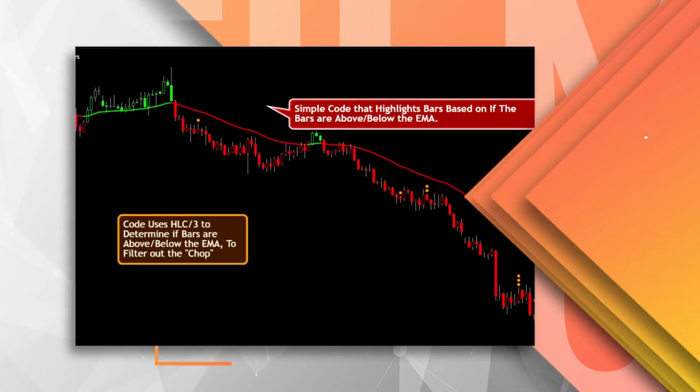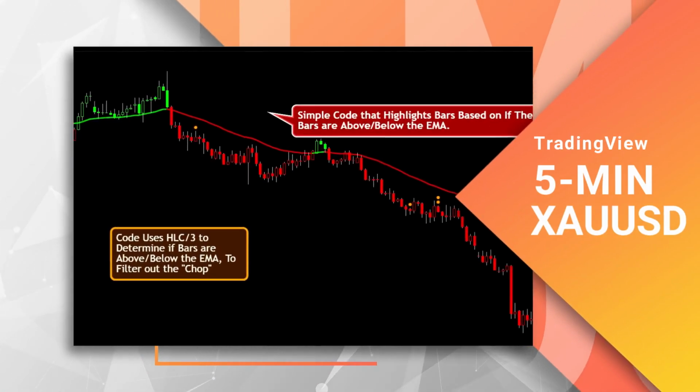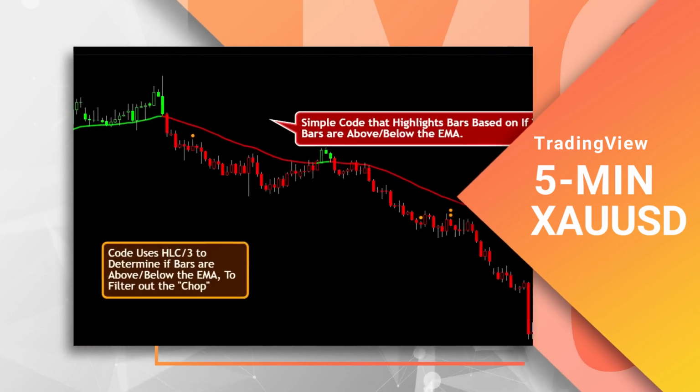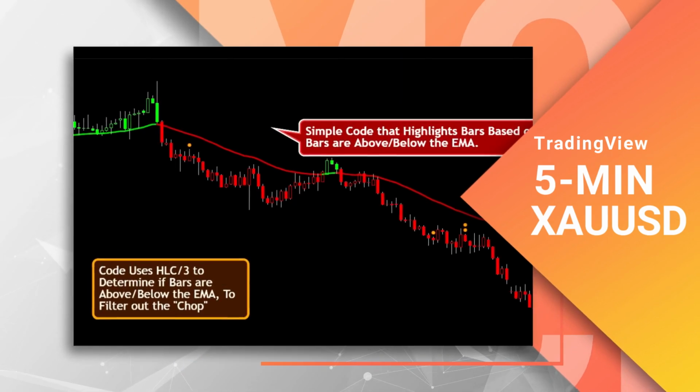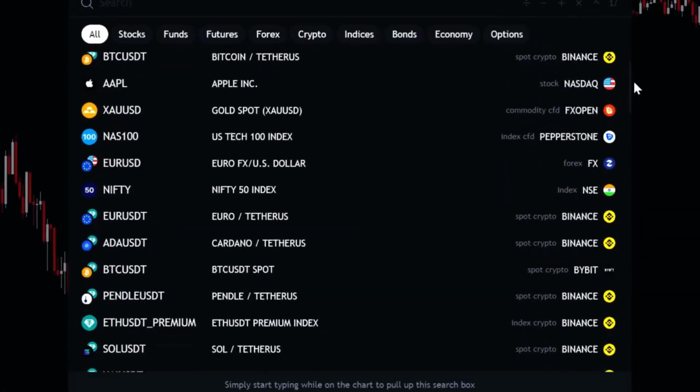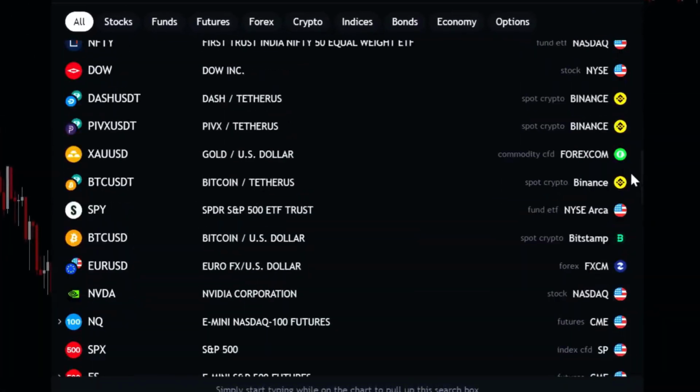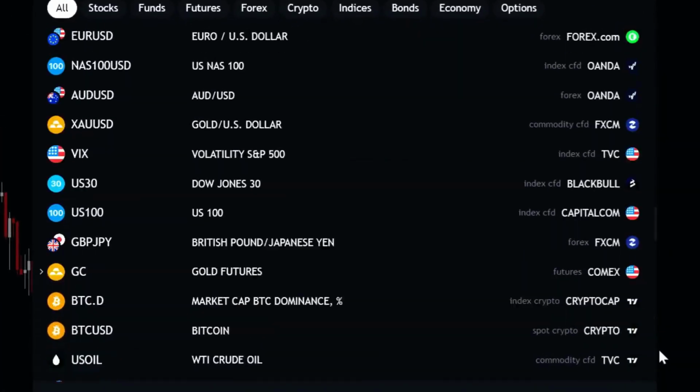First, open TradingView and load the 5-minute gold chart. But hey, you can use this indicator on any trading pair or time frame you want.